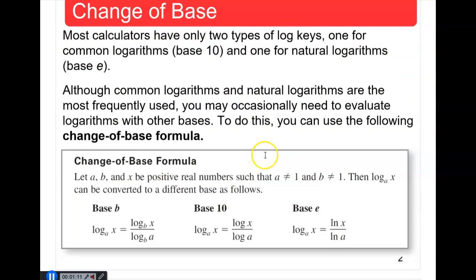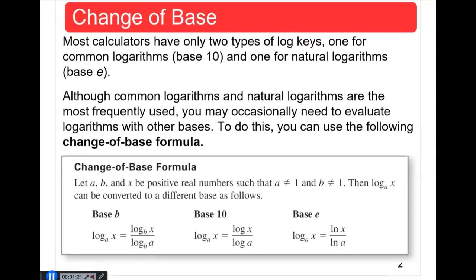So one of those that we're going to go over is the change of base formula. And I have been talking about how your calculator does have two buttons to calculate a logarithm.